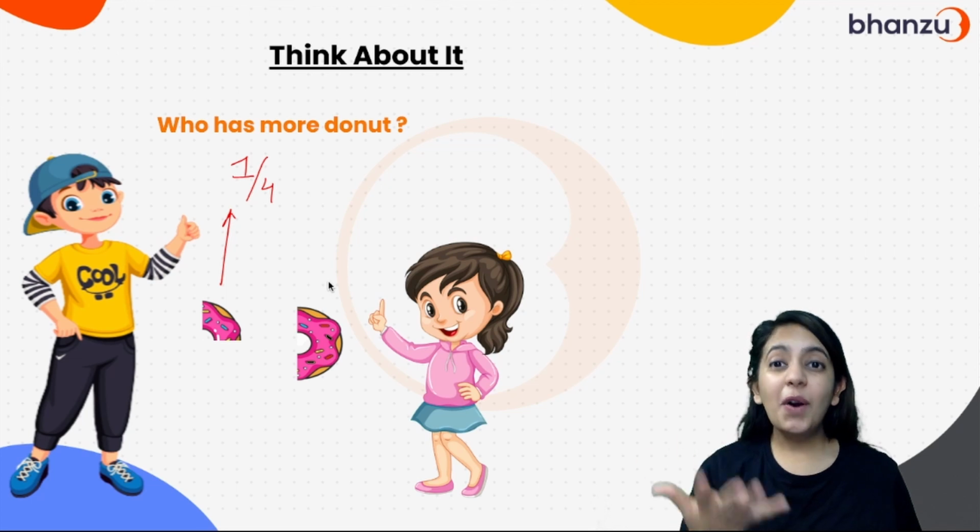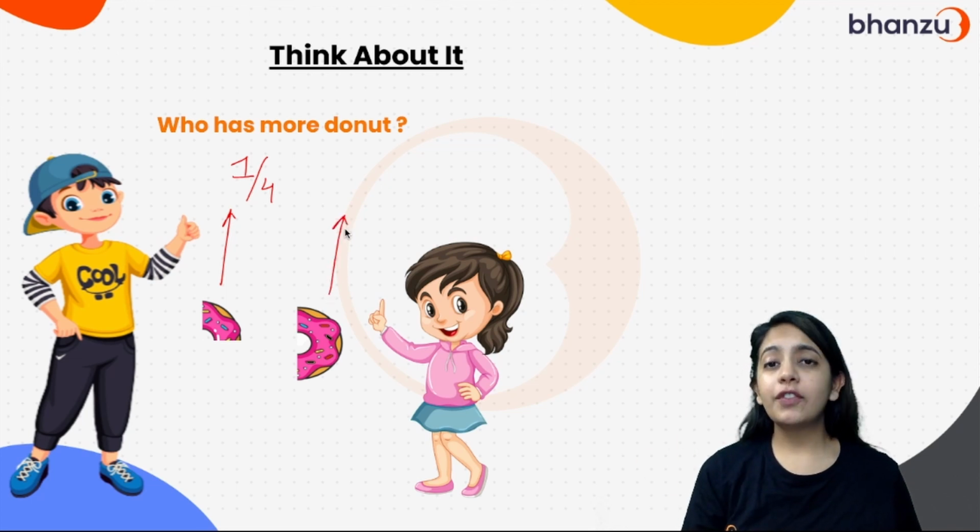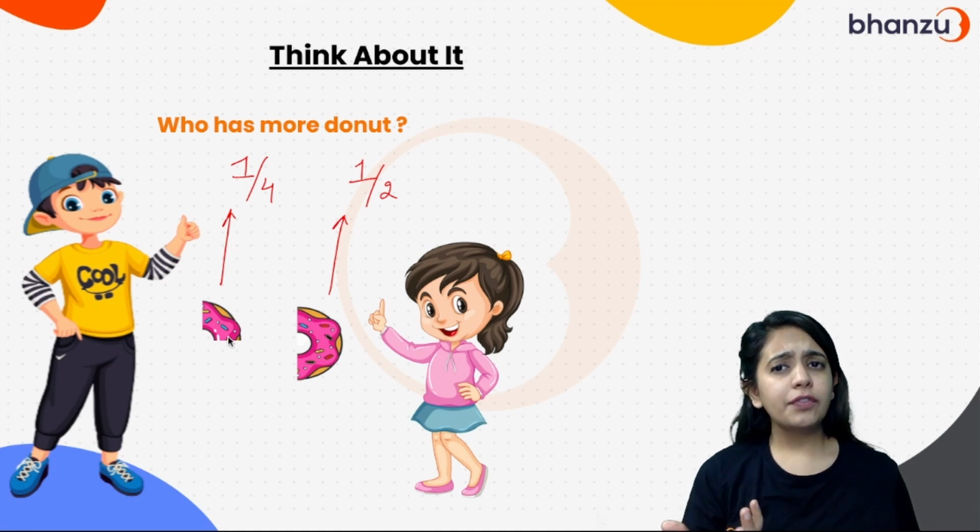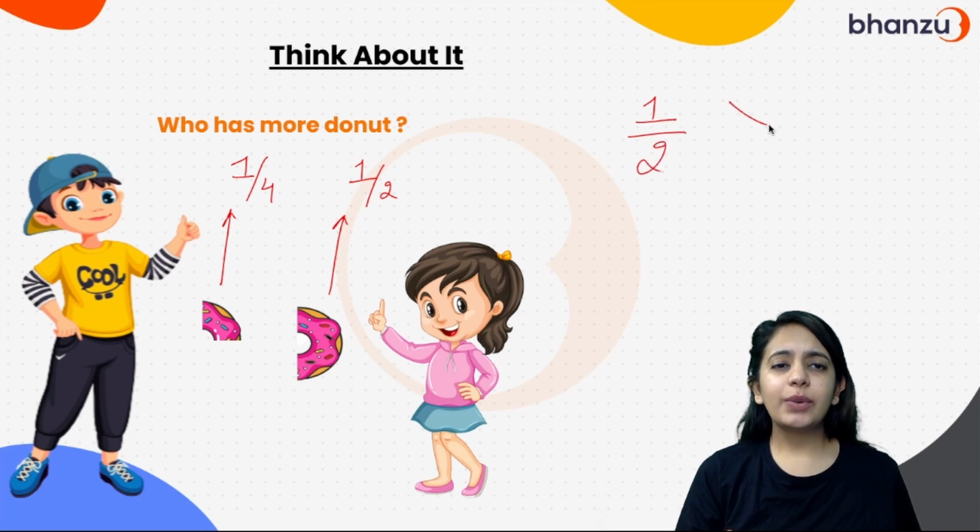And what is the fraction of donut that Sia has? Yeah, it's clearly 1/2. So who has more? Of course, Sia has more, right? 1/2 looks bigger and 1/4 looks quite smaller. So just by looking at the image, you can tell that 1/2 is greater than 1/4.